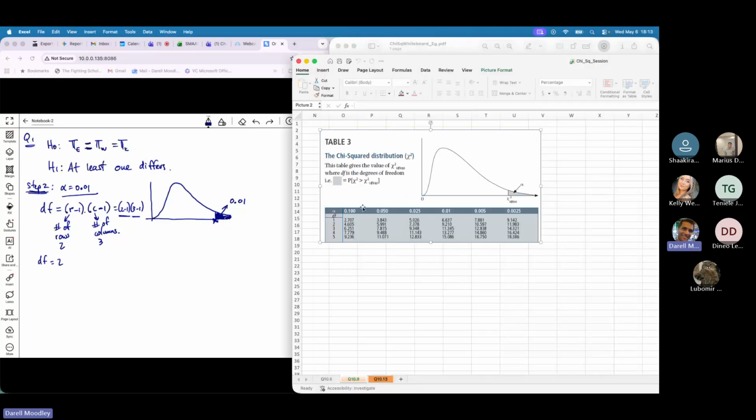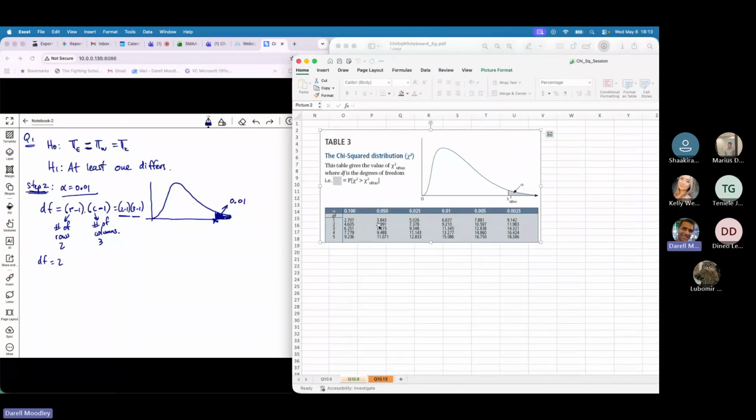So now if we go back to our table, remember this table is given to you in your exam, so you don't have to memorize this. Now remember what we said, your alpha is 1%, so it's that column where alpha is 0.01, and your df, which we just worked out, is 2. So there's 2 for your df, which is here.